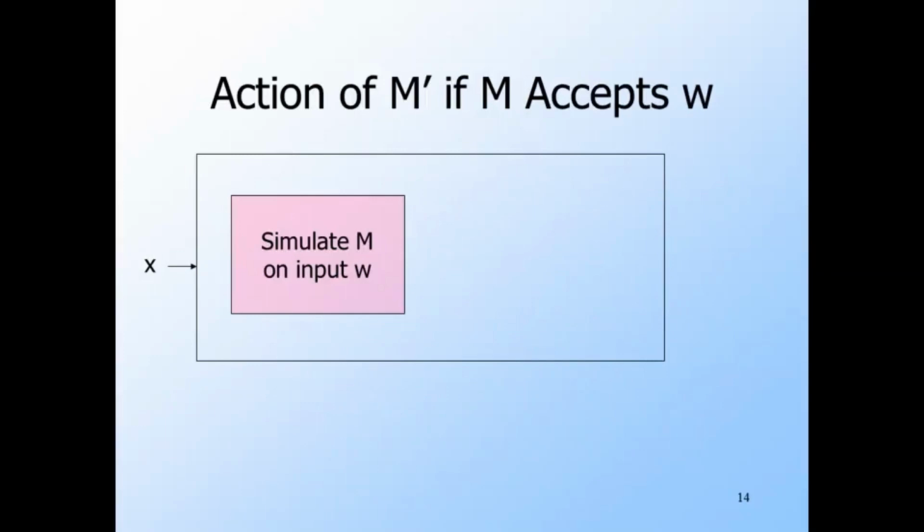Here's a picture to help us remember what M prime does. It first simulates M on input W. So far, M prime's own input, X, is ignored.